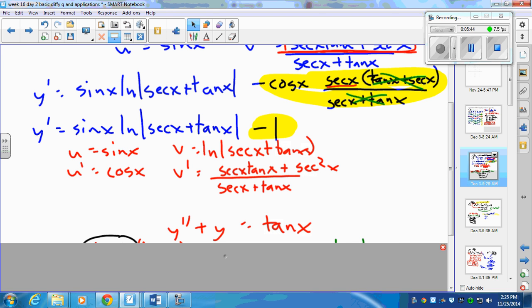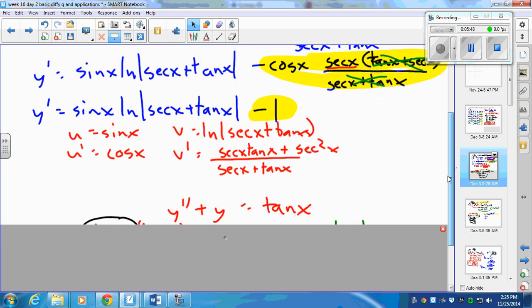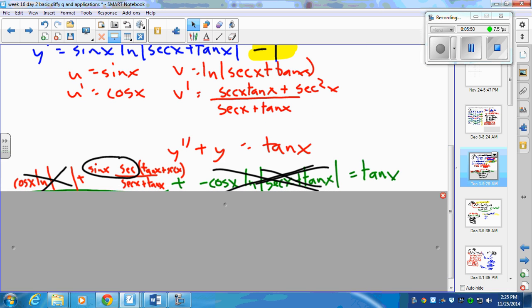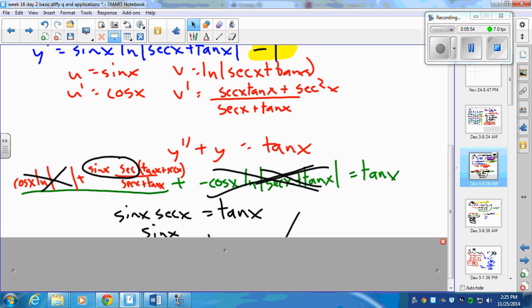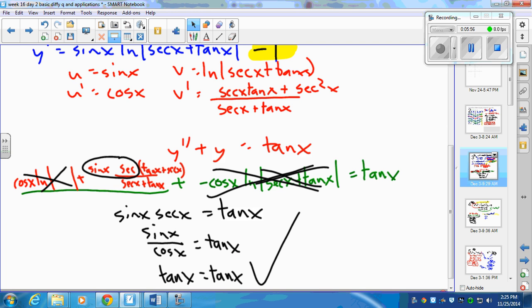So take a look at it for a moment. Remember too, when you put in this y double prime, there's going to be a cancellation. So let's stare at that. Whoa, messy. Okay, the y double prime plus y. Let me put this in here.